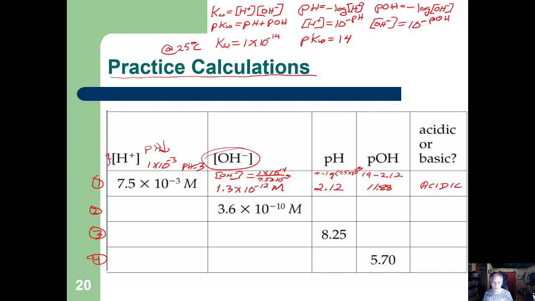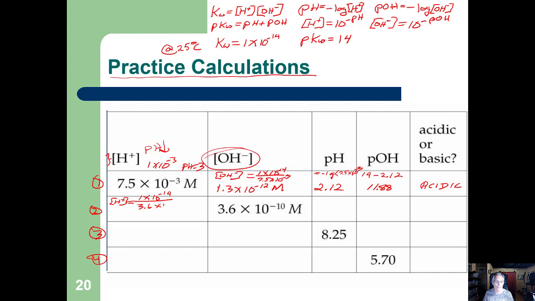Let's do row 2 over here. Now what they give me is the hydroxide ion concentration, and let's use Old Faithful to get the hydrogen ion concentration. The hydrogen ion concentration is equal to Kw, which is 1 times 10 to the minus 14, divided by 3.6 times 10 to the minus 10.